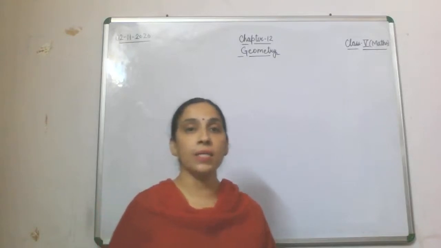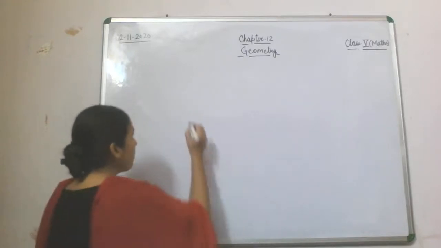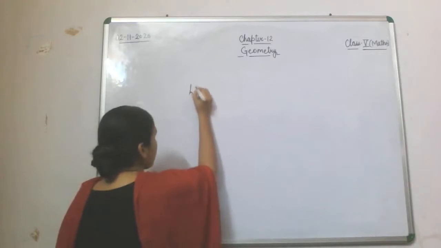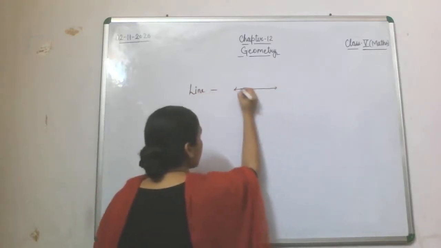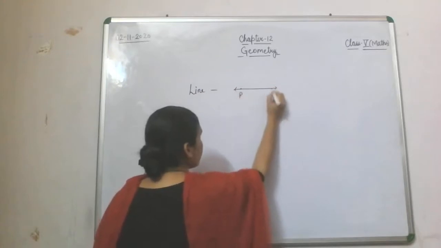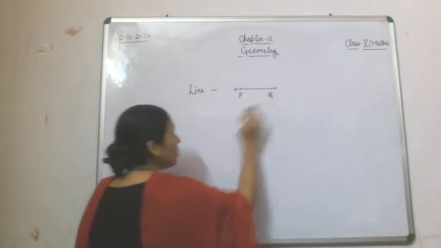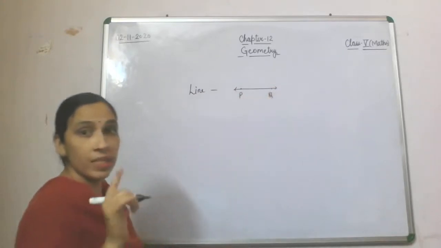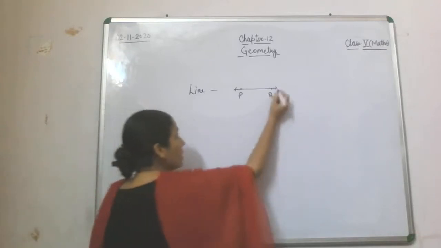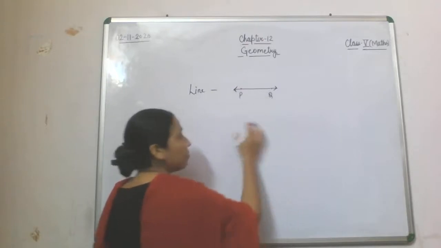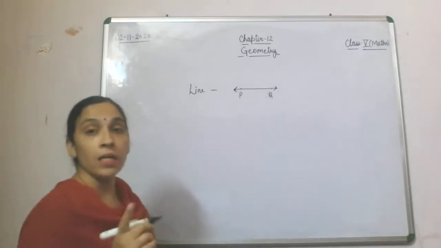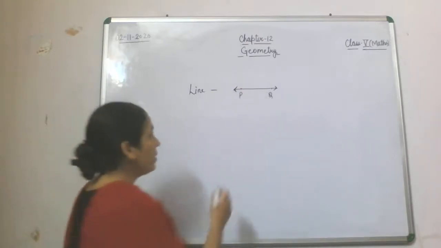That line is represented as a line, we are going to represent it like this. If I name this PQ, now here PQ is a line, and what do these arrows show? These arrows show that it can be extended from both the sides. Now what is the symbol of line?